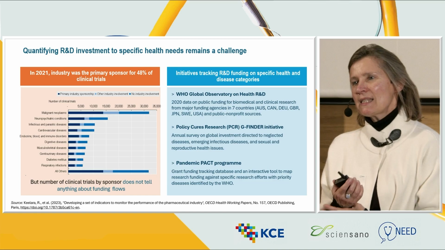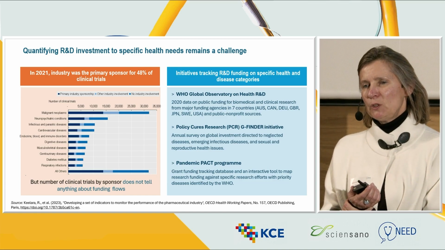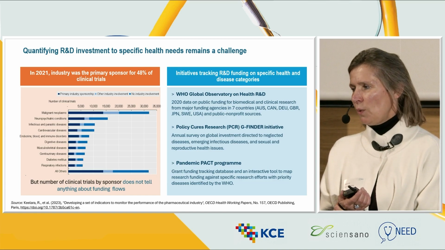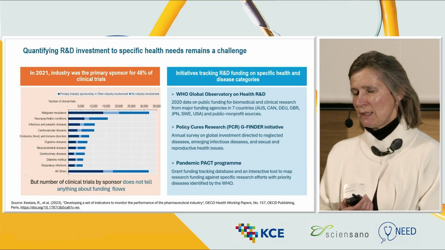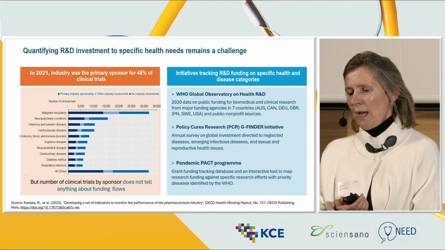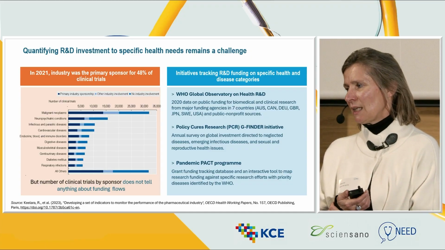Now, it is quite difficult to have a good idea about where public investment is directed in terms of R&D and in terms of disease. We have some indication about what happens in clinical trials.